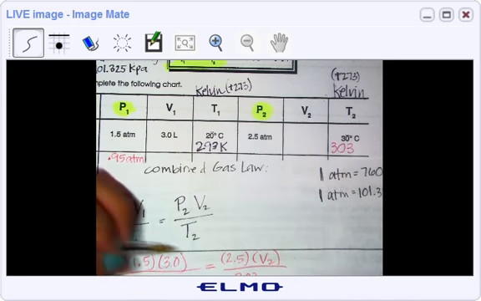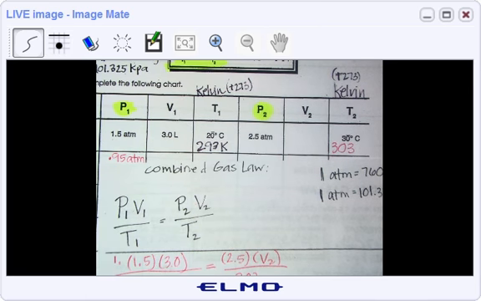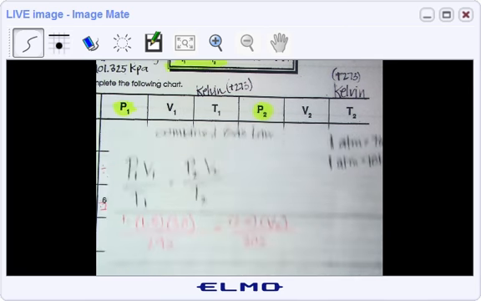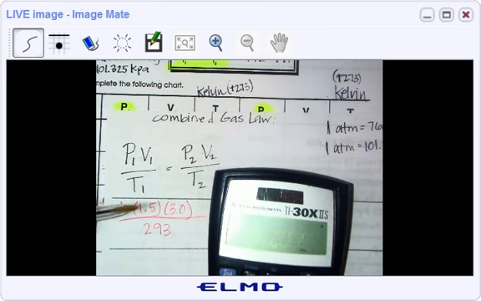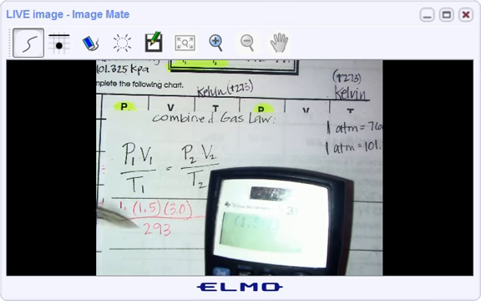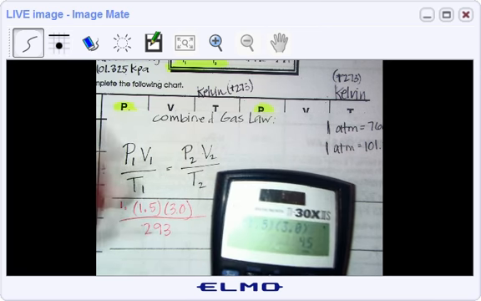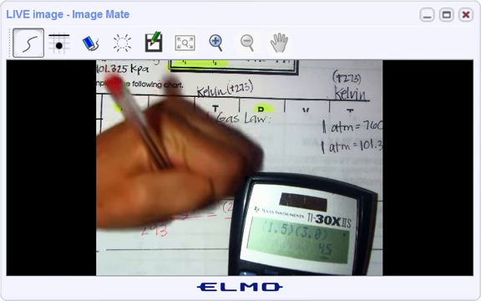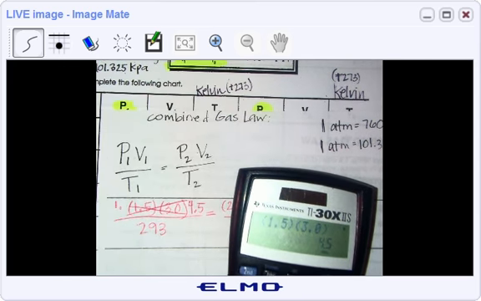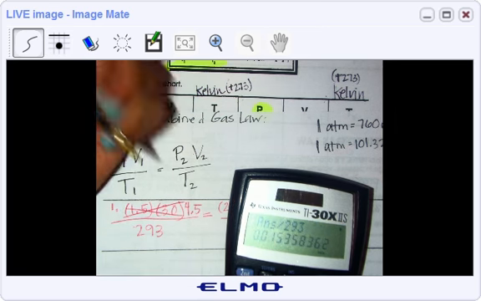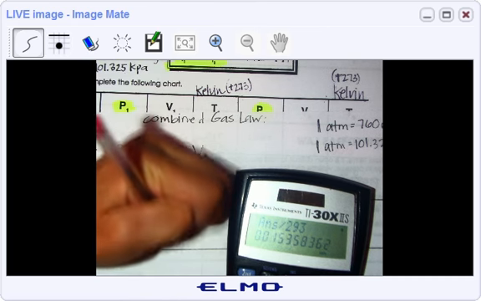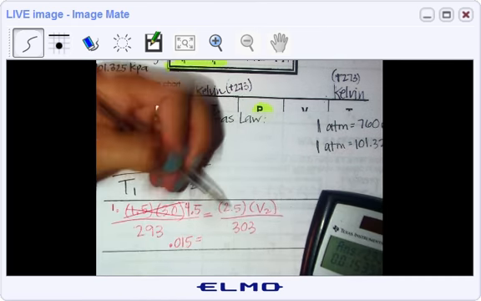Okay, I'm going to solve for this side first since I have all the numbers. So I'm just going to multiply the top. That gave me 4.5 divided by 293. So this multiplied gave me 4.5. Divide by 293. It gave me 0.015 equals this side.